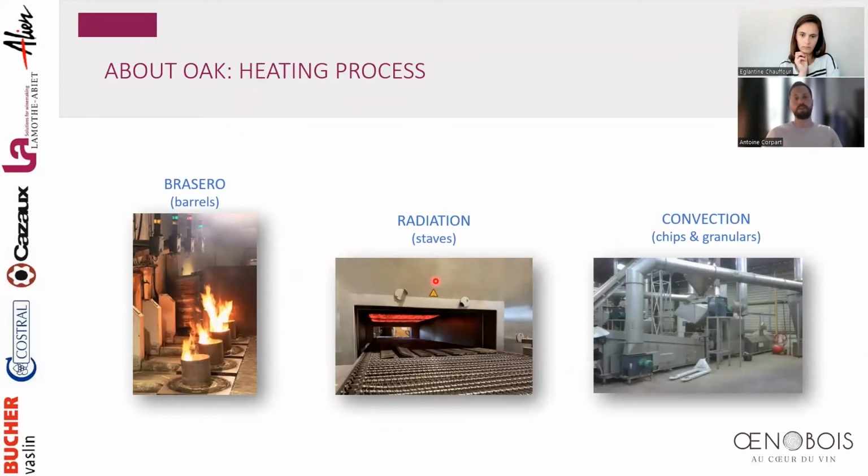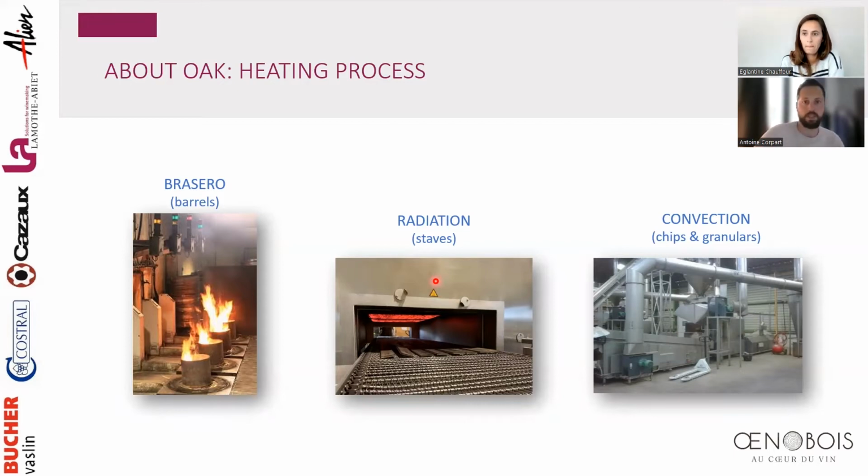So now let's go inside the Onobois factory with the heating process. There are different kinds of heating process, but at Onobois, we only work with convection heating for the chips, granular, and staves.